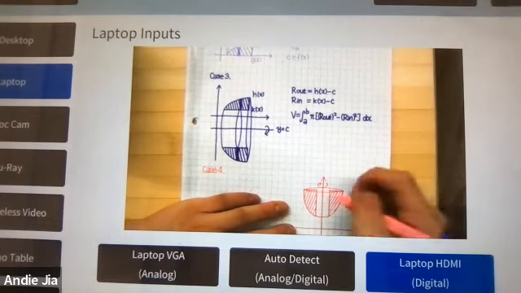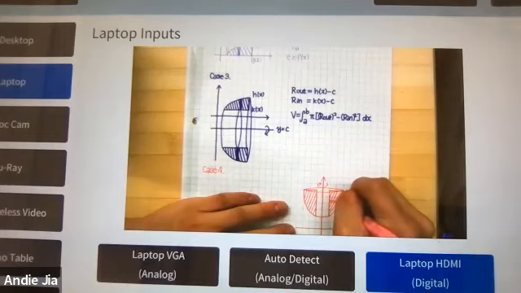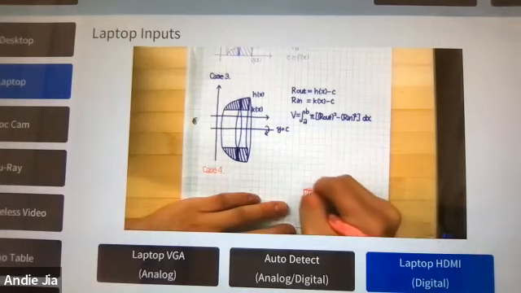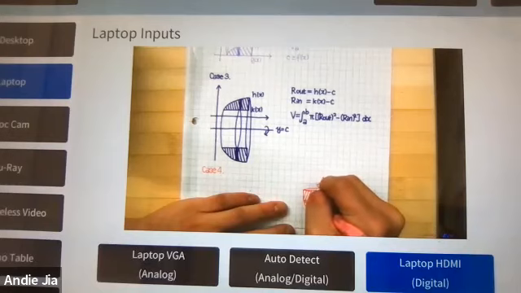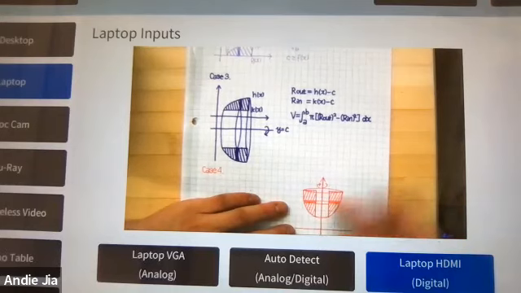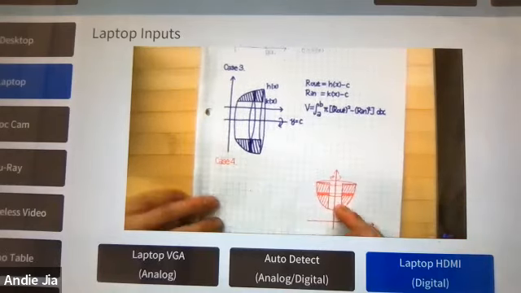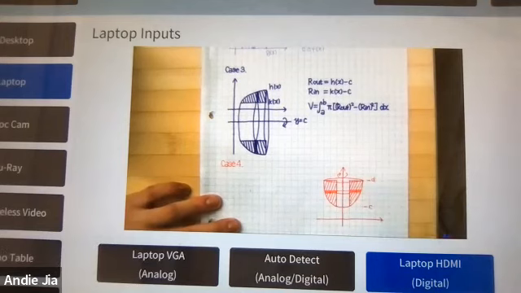We take a slice from the cross sectional area. It's taking me a while to paint. This is also the cross sectional area here, and it's going to be from d to c.